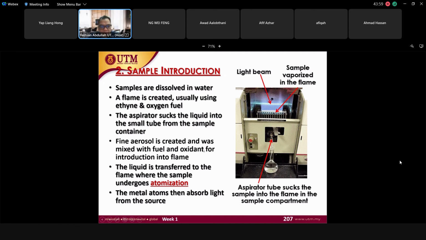The fine aerosol is created and mixed with the fuel and oxidant and introduced into the flame so that the atomization happens. You remember the question in the quiz, right? And the metal atoms absorb the light from the source, and then the detector will detect some loss of the radiation from the hollow cathode lamp, the radiation source.